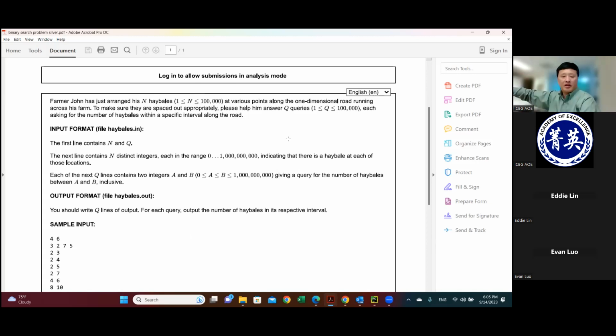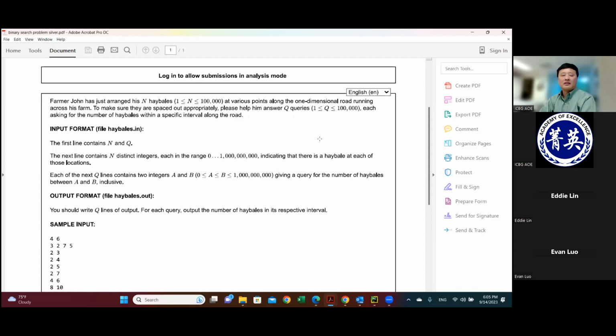To make sure they are spaced out appropriately, please help him answer Q queries. The Q is also less than 100,000, each asking for the number of hay bales within a specific interval along the road.